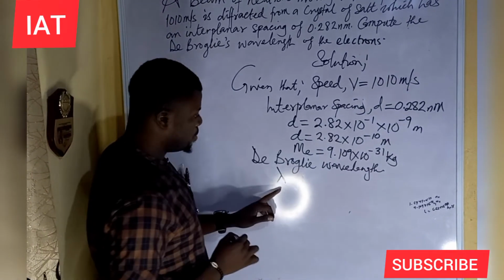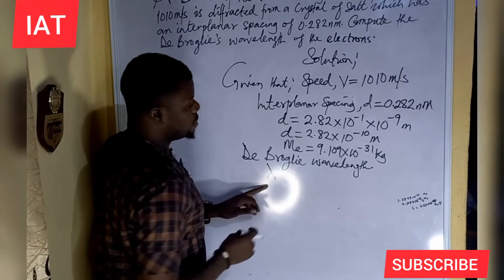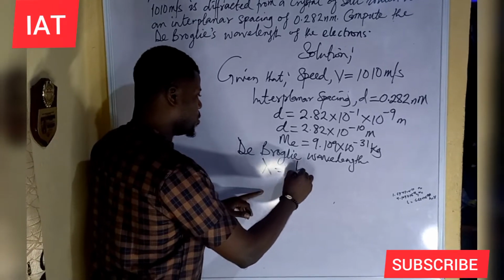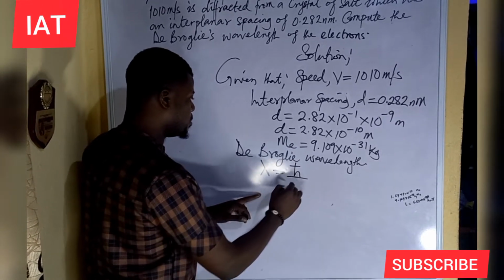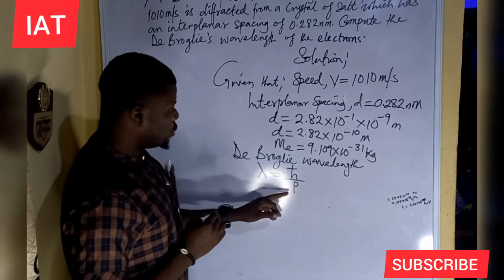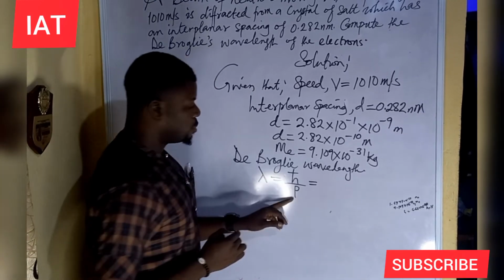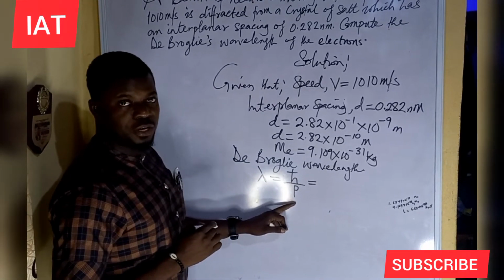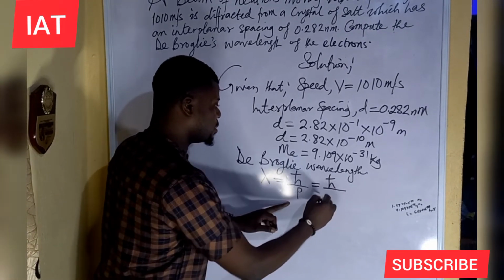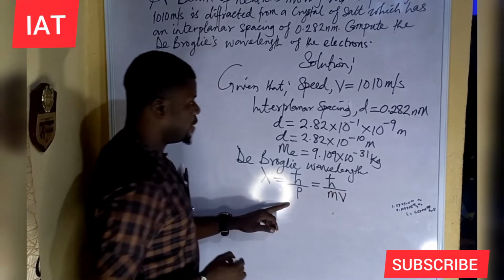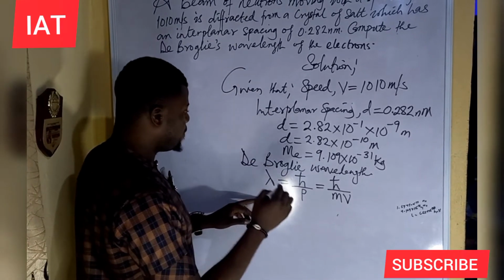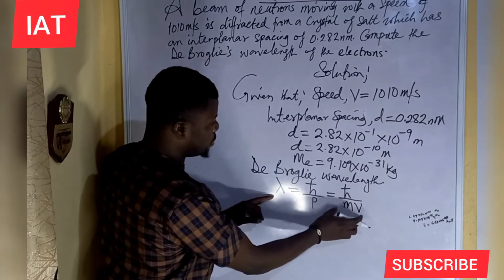Of course, you know that this symbol lambda is the symbol for wavelength, and this expression is equal to Planck's constant divided by P, which is the momentum. And again, you know that momentum has to do with the product of mass times velocity. So I can still write this expression as Planck's constant divided by mass times velocity. So in a nutshell, we could have these parameters substituted into this.